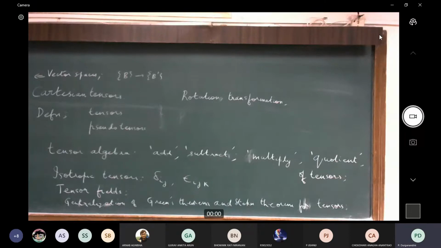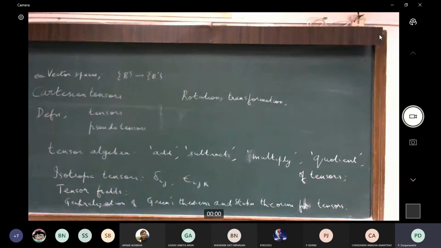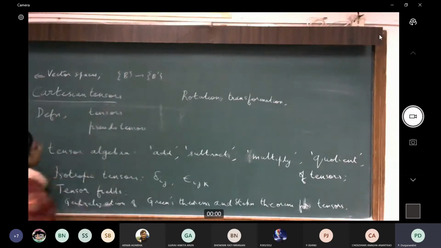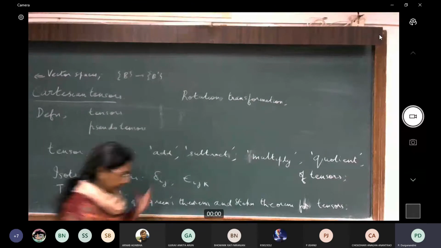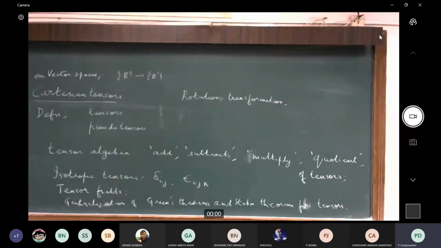Now, I have a little bit more to talk about tensors, because since we started with tensors, let me take it at least to some ending point. So far we have restricted to Cartesian tensors, but I would also want to discuss a little bit about non-Cartesian tensors, because that will tell you the power of tensor algebra and tensor calculus.